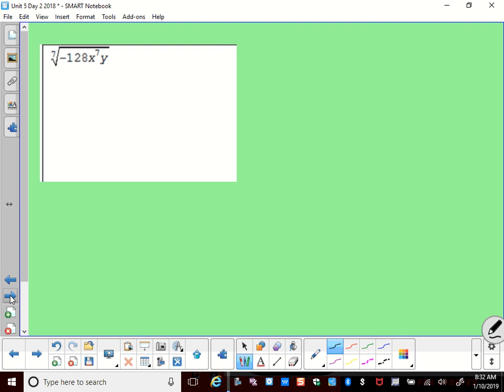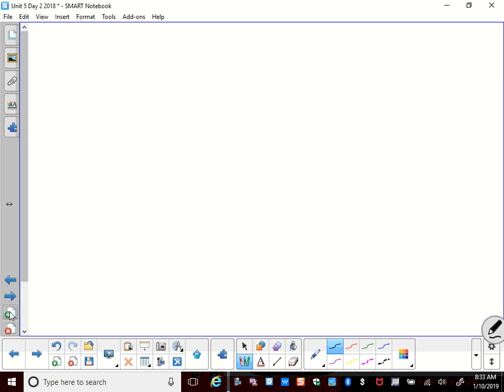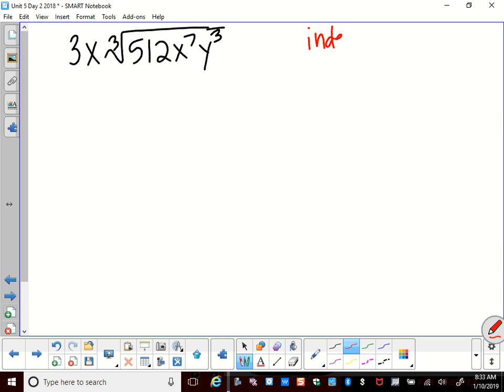All right, so I made a mistake and I skipped over a problem. The next one we have 3x times the cube root of 512 x to the 7th, y to the 3rd. All right, so what's my index? 3.